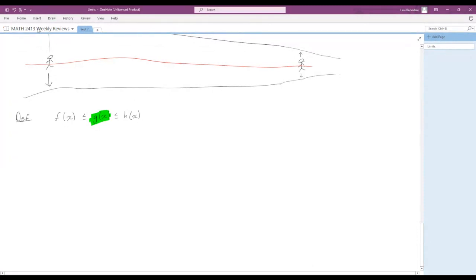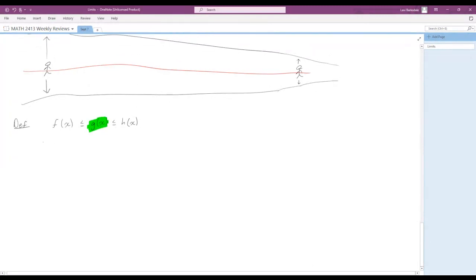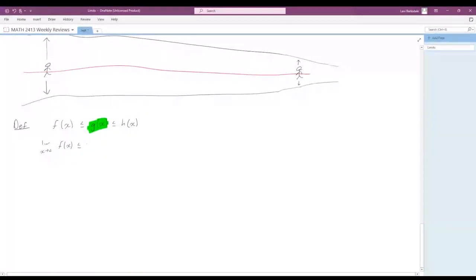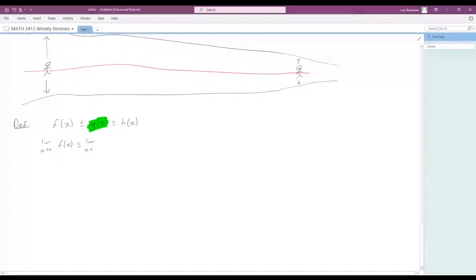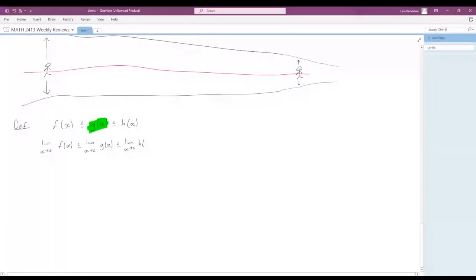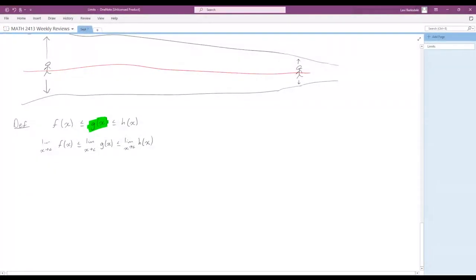Well, if we know this, then the limit as x approaches some point for those very same functions also has to follow the same rule. Make sense? So we can say if this, then this. Yep. And that's basically the whole definition.